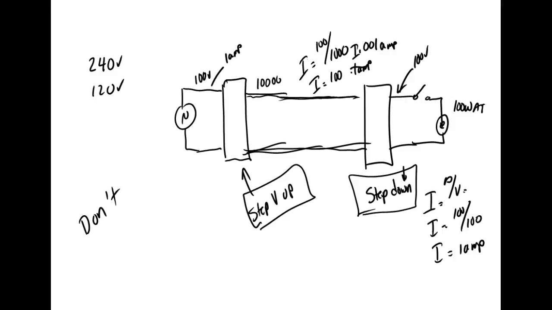Now, why do we need 2 voltages? So 240 runs all your high power loads. Your dryer, if you got a clothes dryer, it's running off 240. If you got a big old HVAC system, it's running off 240.